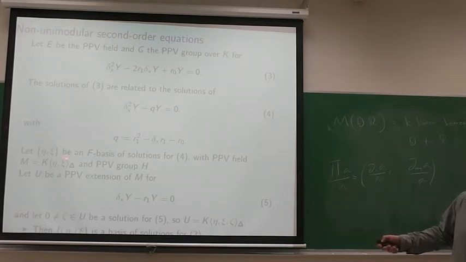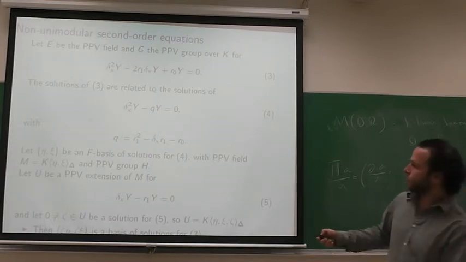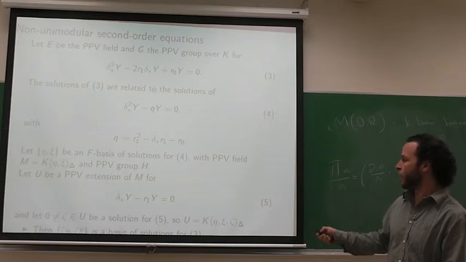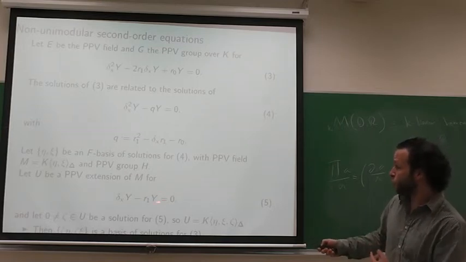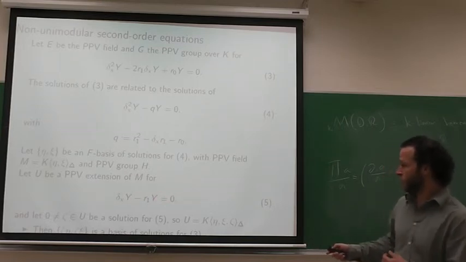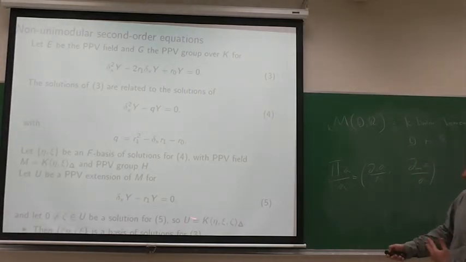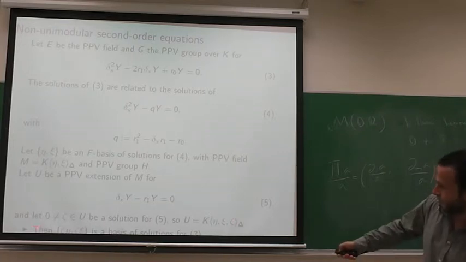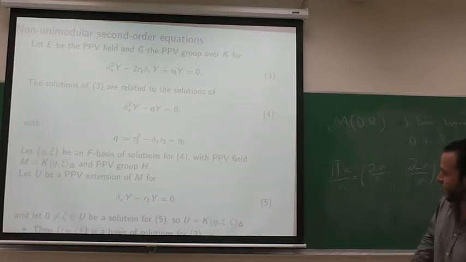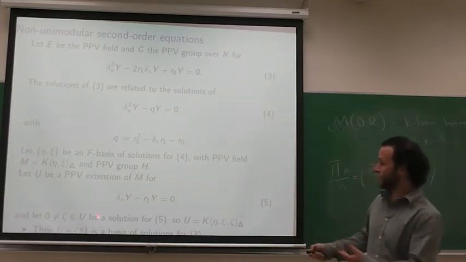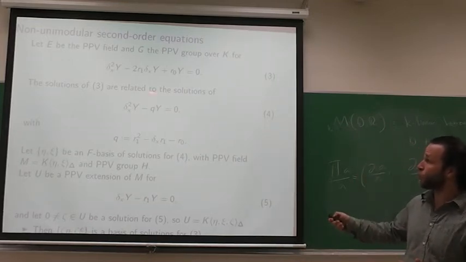So if you take a basis of solutions for this associated equation, and then from that PPV field, you're assuming that you can compute H. What you do is you adjoin a solution to this other auxiliary equation, and so you make this big PPV field that also has this little zeta in it, and what the bottom line is supposed to say is that zeta eta and zeta xi is a basis of solutions for the equation that you want originally.